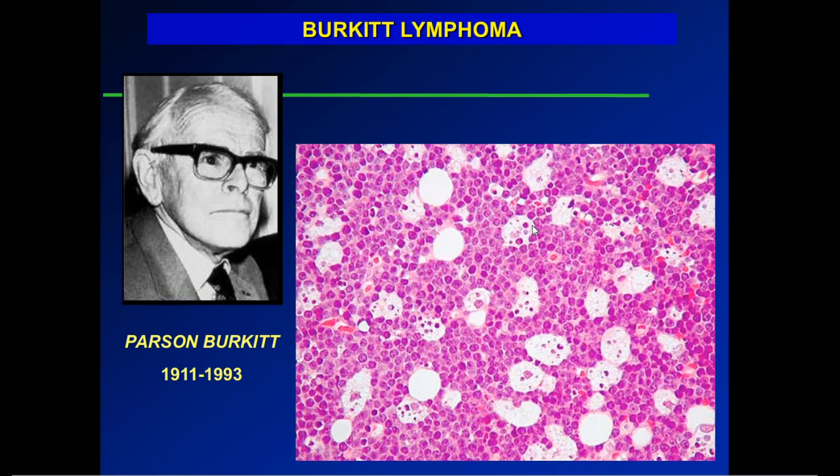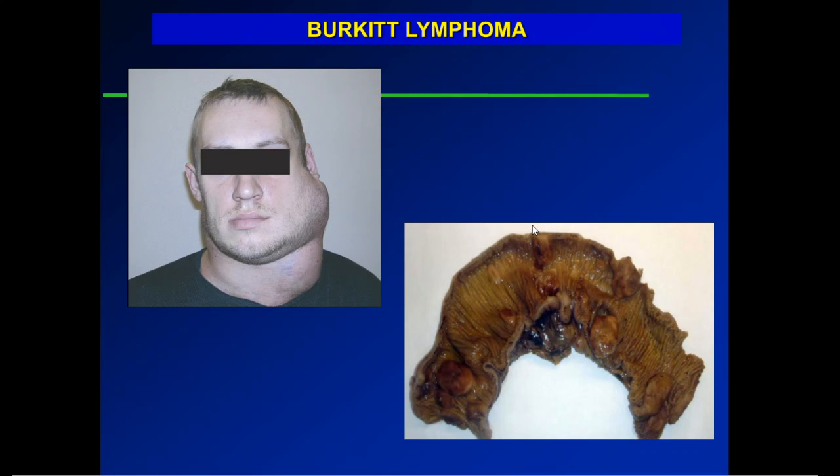So that's why the classical appearance for Burkitt lymphoma is the presence of a starry sky, but do not forget that these stars are just apoptotic bodies. And also Burkitt lymphoma has one of the highest mitotic activities.